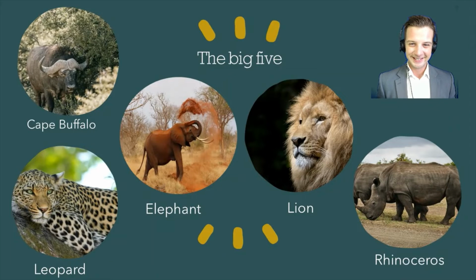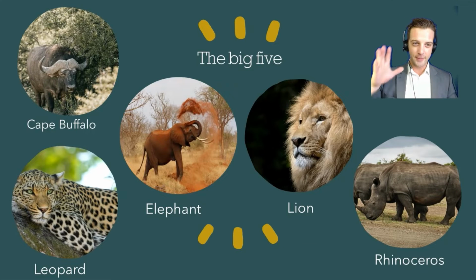Let's move on. Now, we will study the names of the 5 most dangerous animals in Africa for hunters. These animals are called the Big 5 because when going after them as prey, if you are a hunter, they are very dangerous and they've killed many people.